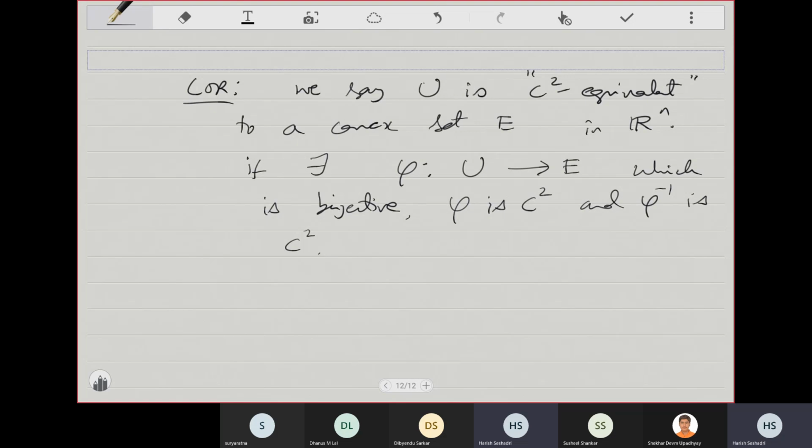This will, of course, imply that the moment phi inverse is assumed to be differentiable, it will follow from the chain rule that the derivative of phi is non-singular at every point. That's a small consequence of this.